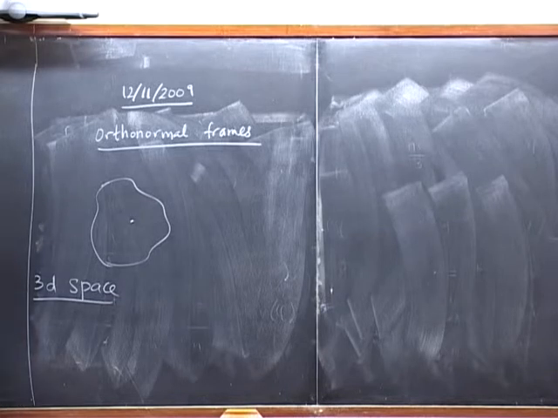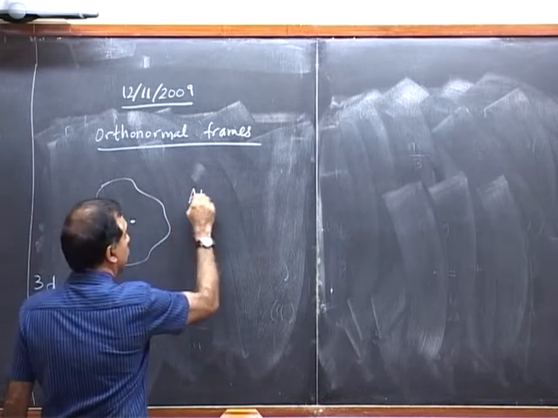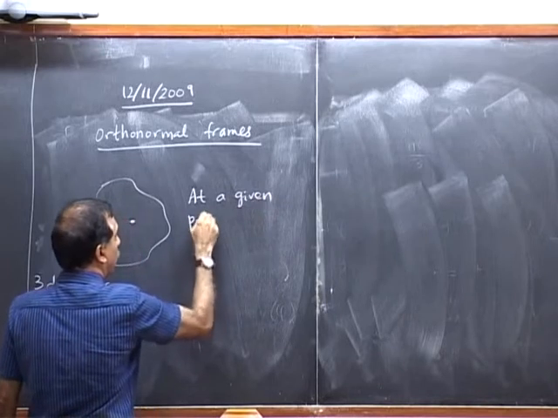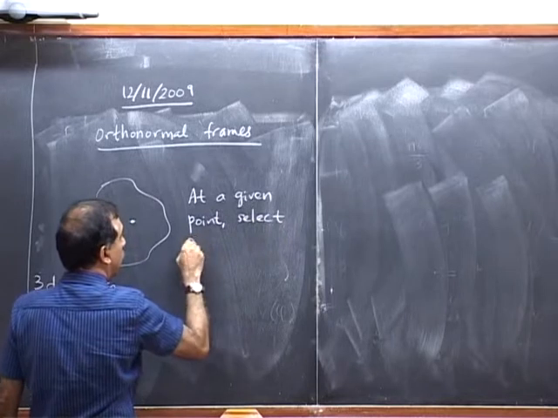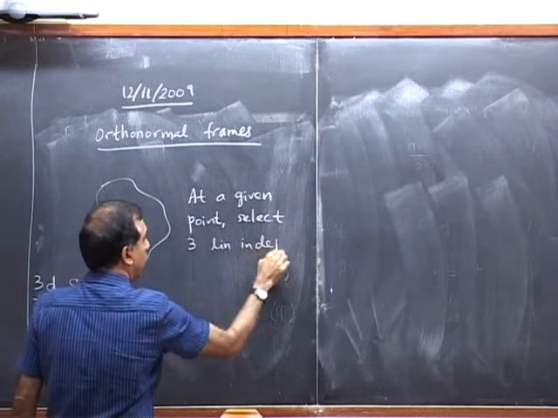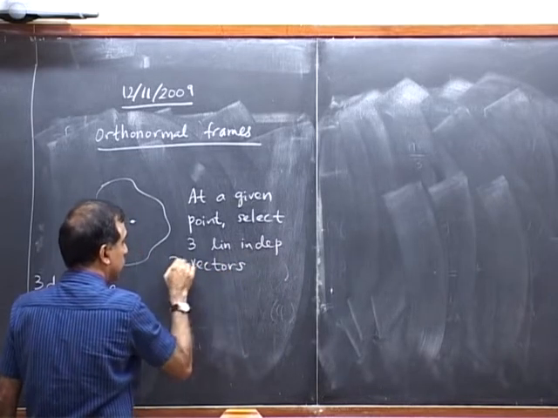Now that's a nuisance, but we can convert it into an advantage by the following observation. Supposing at a given point, select 3 linearly independent vectors, 3 vectors.